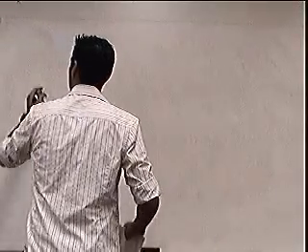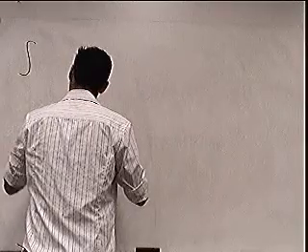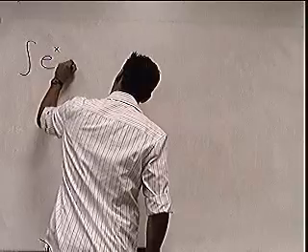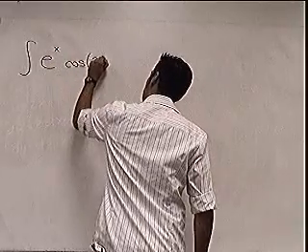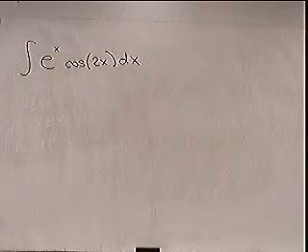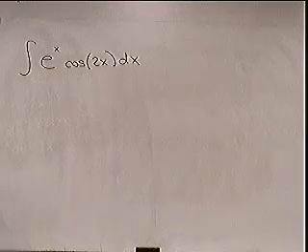Let's take a look at this classic problem. E to the x cosine 2x dx. Now, this is a variation of a classic problem.